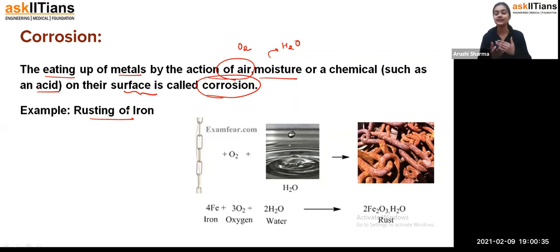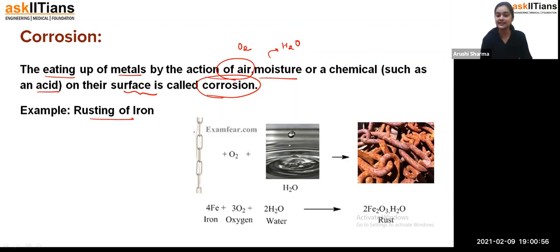Because the iron got corroded. How does it get corroded? When iron is in contact with oxygen and the water present in the air or atmosphere, an oxide is formed, and that oxide layer over the iron results in rust. That process is called corrosion, students.